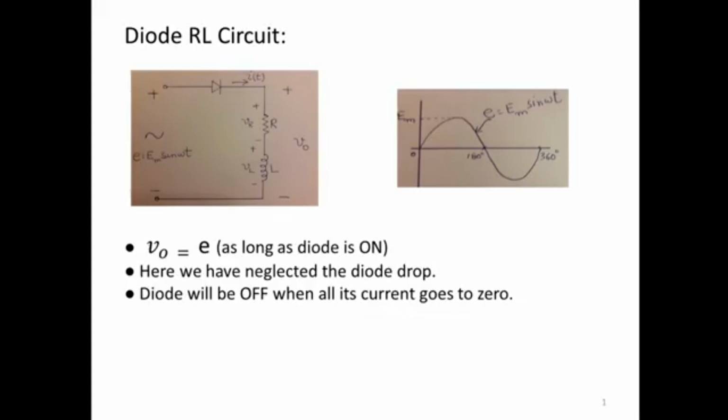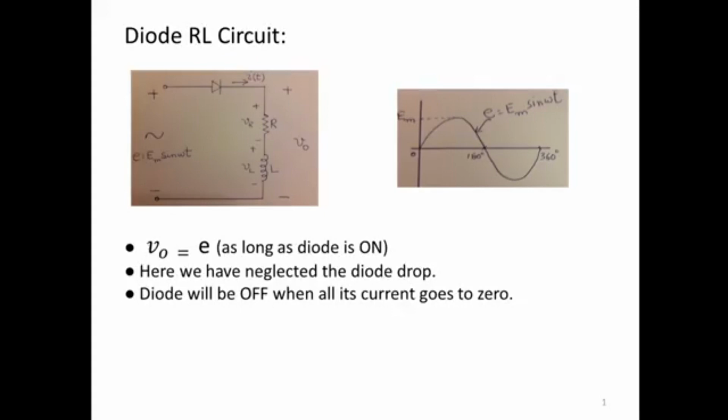IT is the circuit current and V0 is the output voltage. Please note that V0 is the voltage across the load, and the load consists of the combination of R and L both.